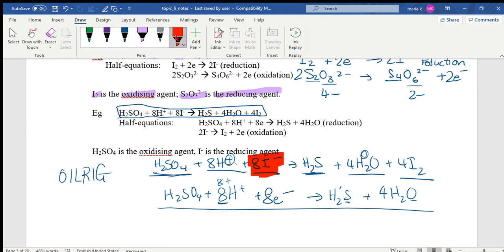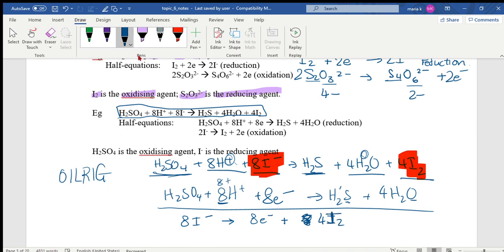So we have 8 iodide ions becomes 4 iodine diatomic molecules, and so 8 I minus becomes, since it has 8 extra electrons, it's going to give it away, and now it's going to become the diatomic molecule that it was.